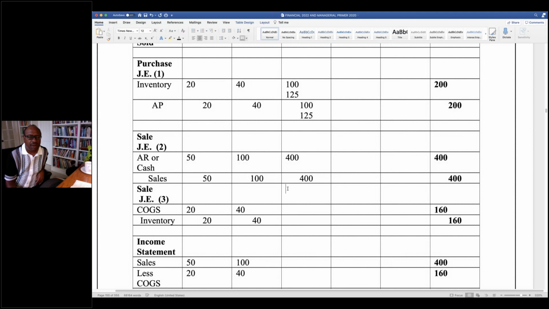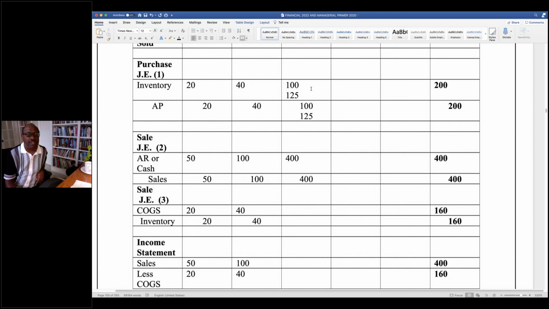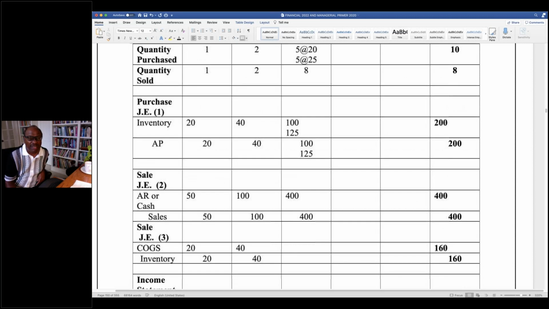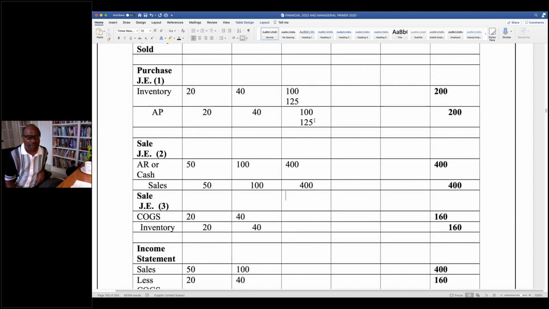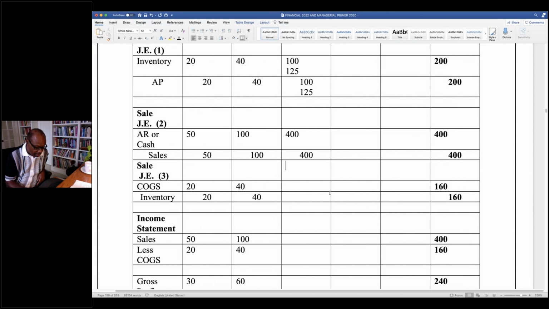So let me just go in here. We sold 8. We sold the first 5. So we sold 5 at 20. That's going to equal what? $100, right? 5 times 20 is 100.